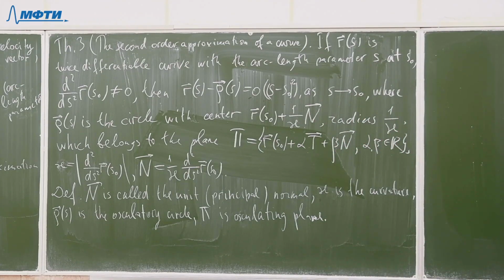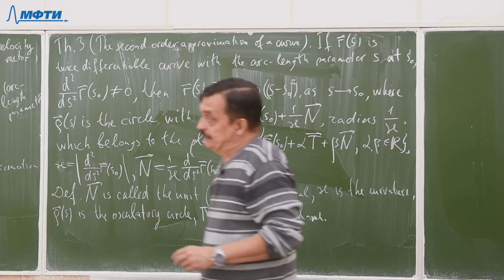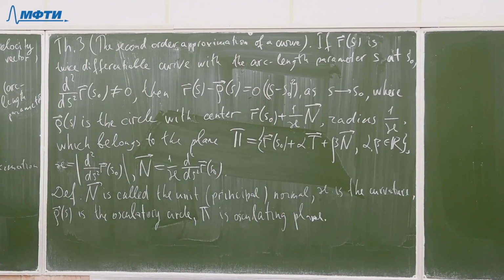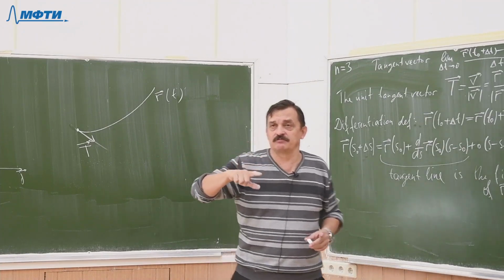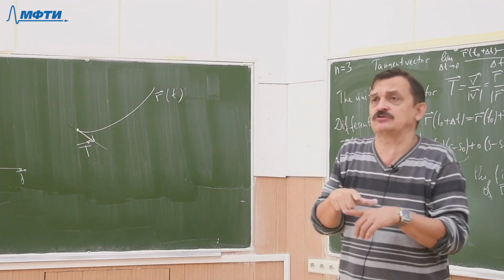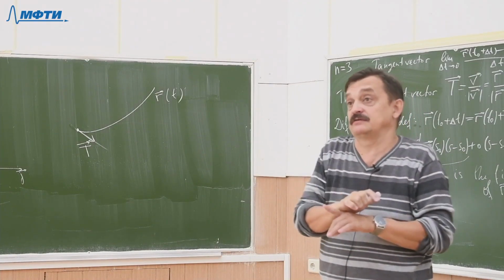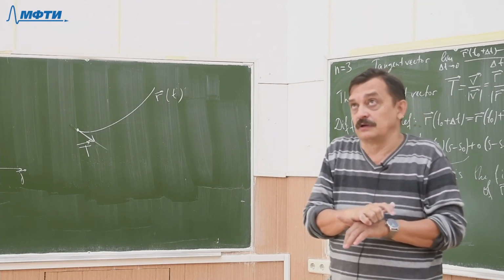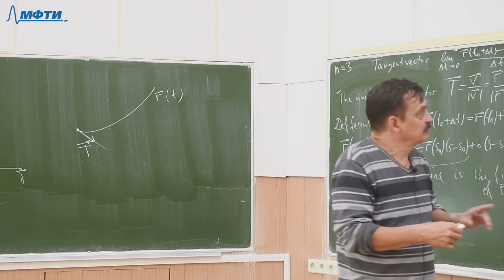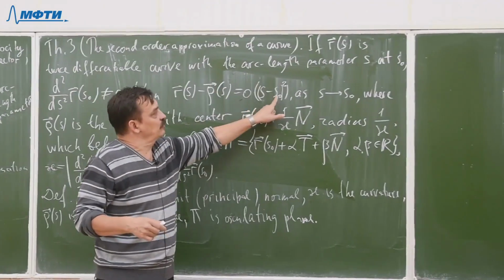So you see, the curve is in space, so it might be the movement need not to be in a plane, right? Nevertheless, if we look at the movement up to second order, right?